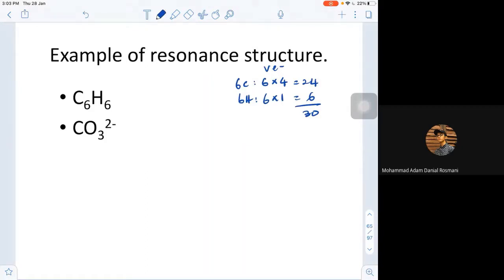If you have met this C6H6 benzene before, you know that it is in a ring form: 1, 2, 3, 4, 5, 6. And then hydrogen is distributed equally, meaning each carbon will have one hydrogen attached.